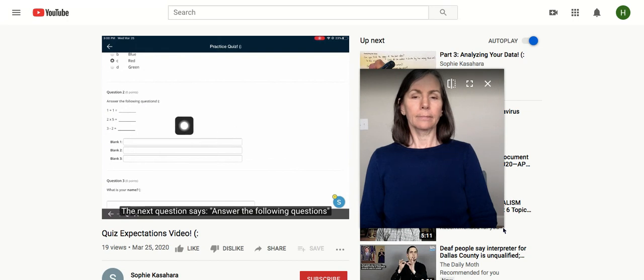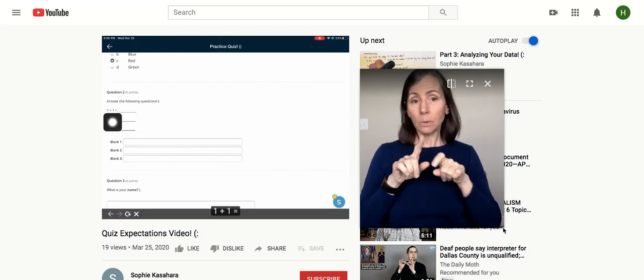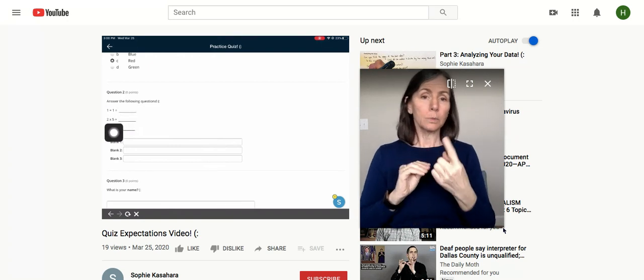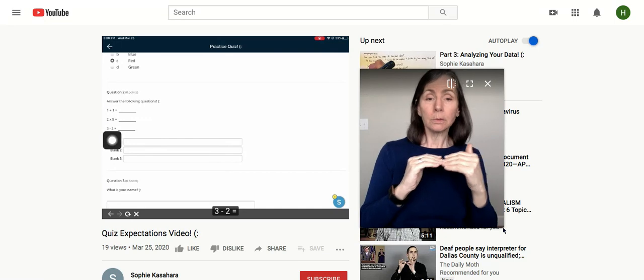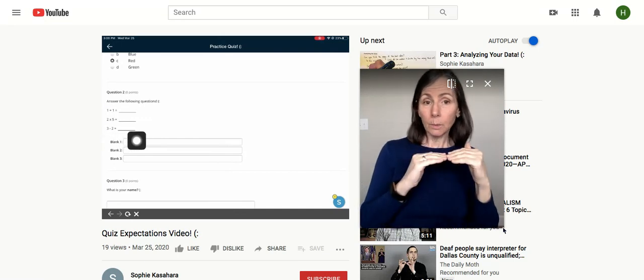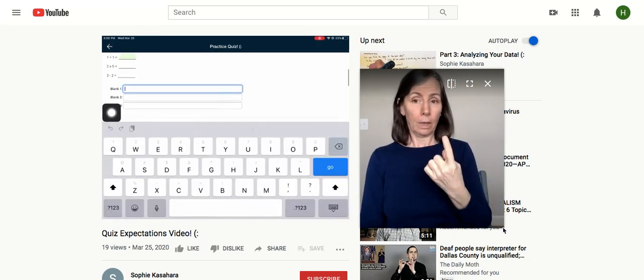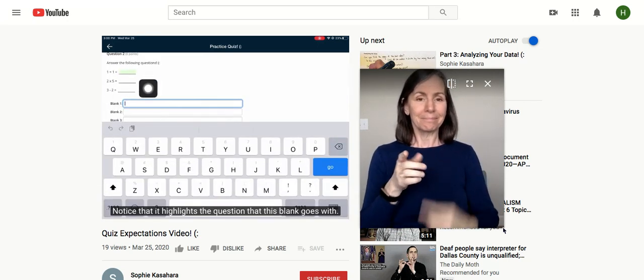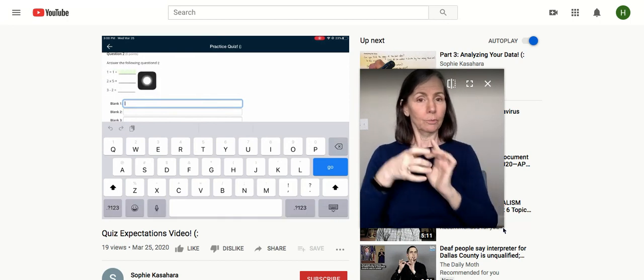The next question says, answer the following questions. 1 plus 1 equals, 2 times 5 equals, 3 minus 2 equals. If I click on blank 1, notice that it highlights the question that this blank goes with.